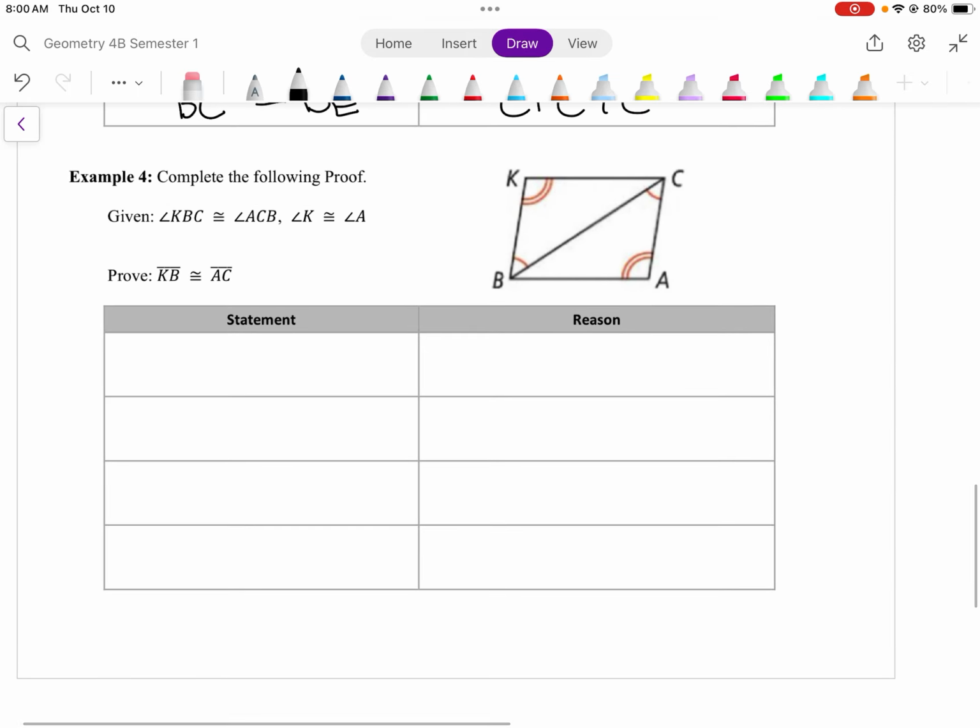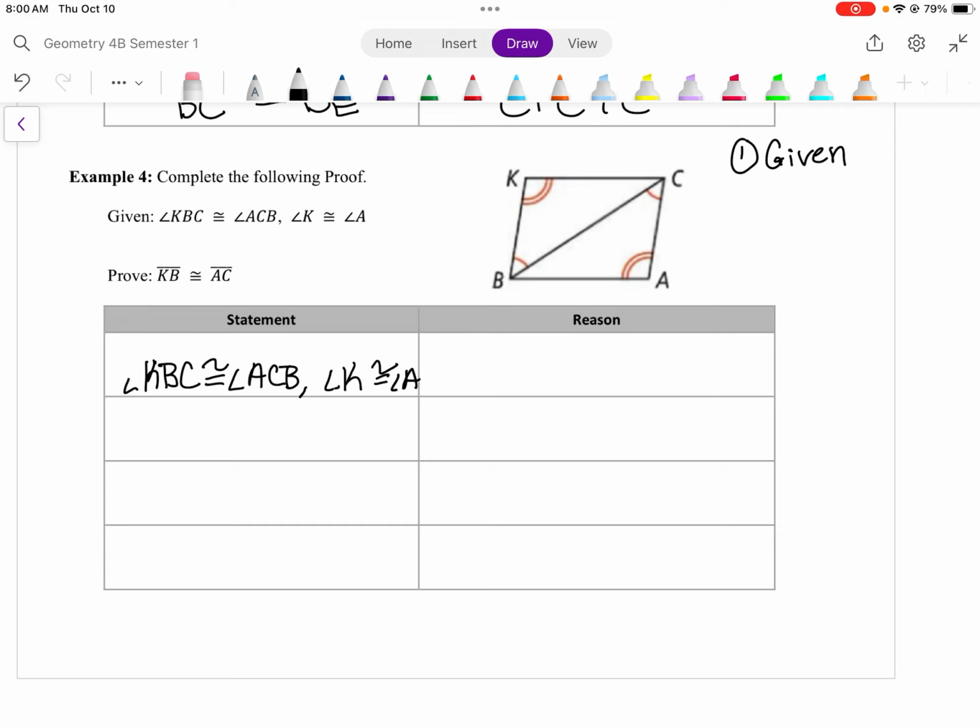All right, so this last one, again, we're going to start with the given. This one, they told us angle B is congruent to angle ACB, and they've marked that in our picture, so we're good with that. And angle K is congruent to angle A. All right, so then step 2, we have vocab.